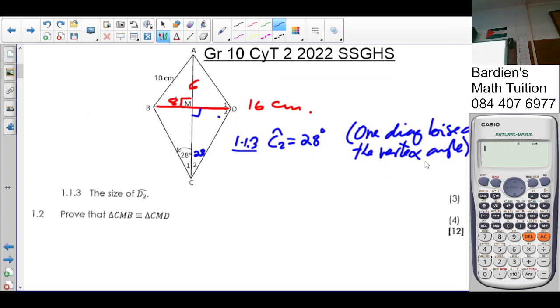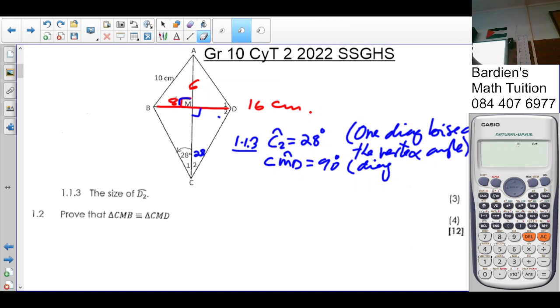We can either say vertically opposite, or we can say that CMD is equal to 90 degrees. Same reason as before: the diagonals are perpendicular in a kite.